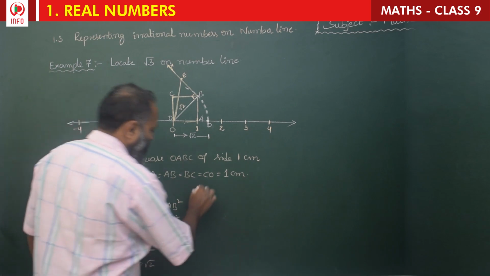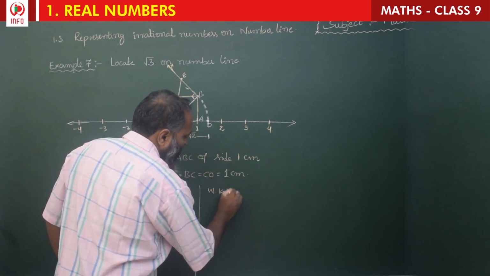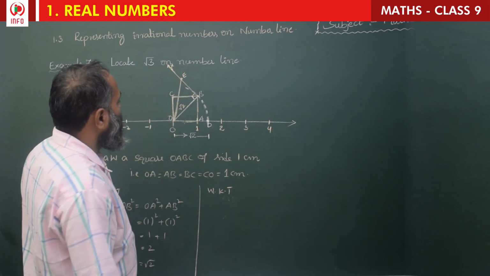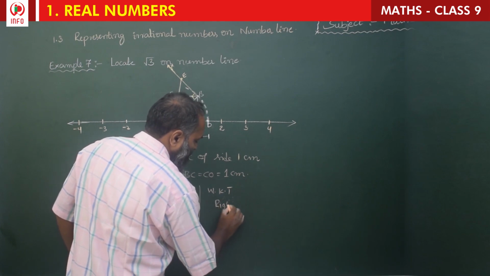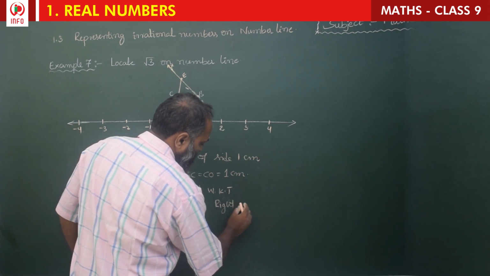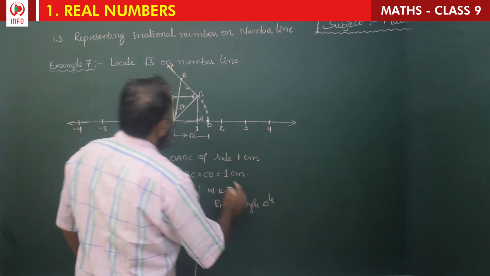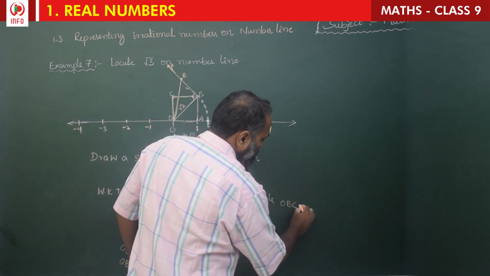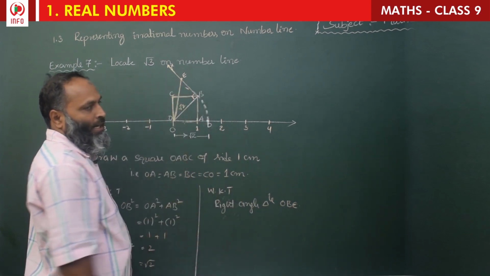So again here we know, according to the Pythagoras formula, this is a right angle triangle OBE.